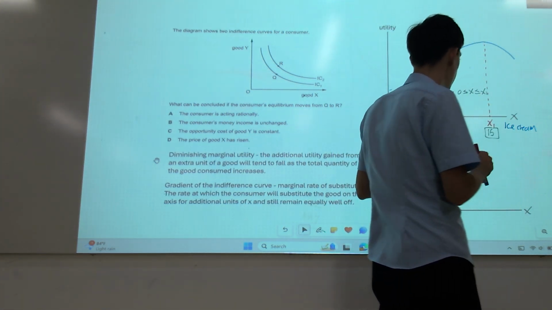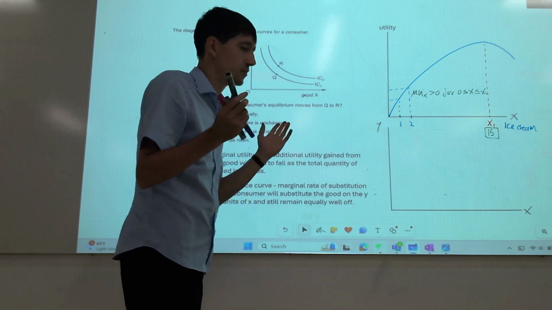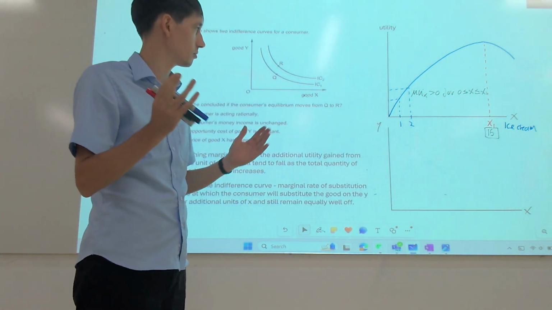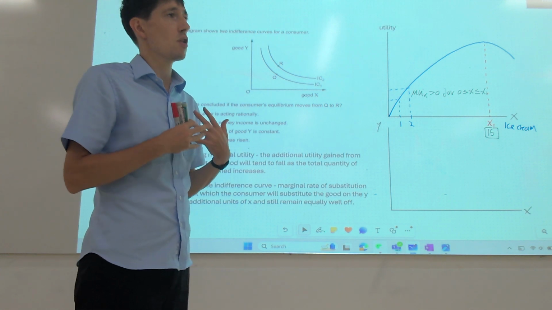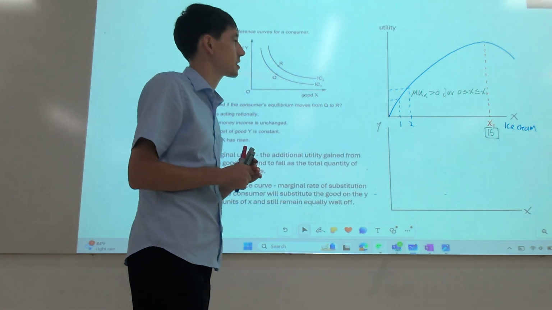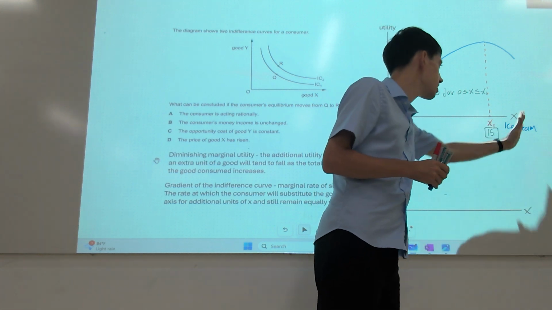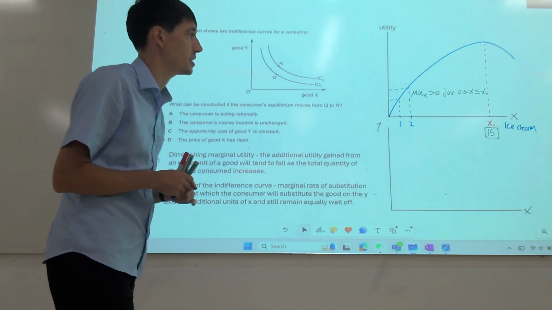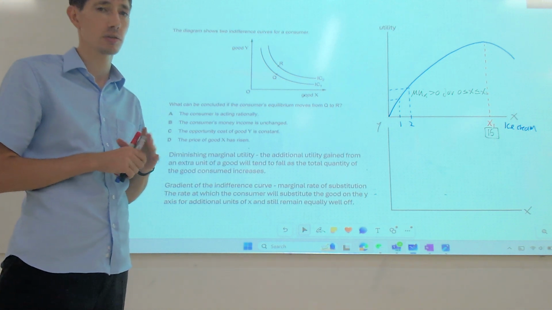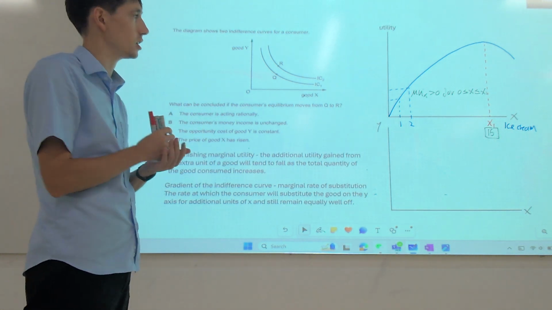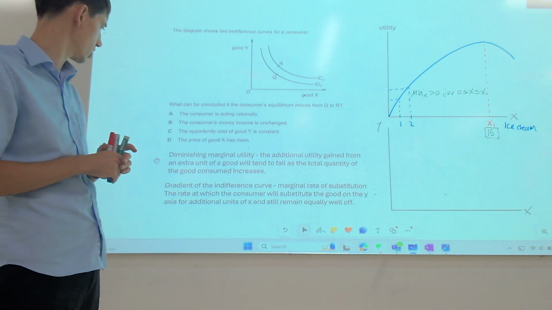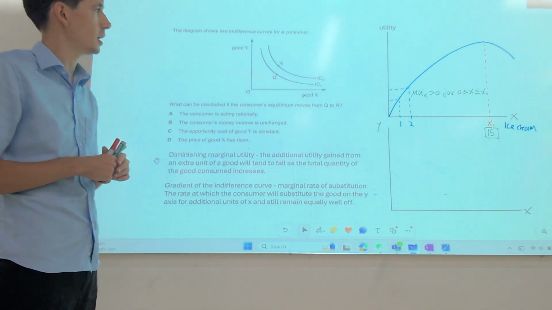If a consumer was to consume 15 ice creams in quick succession, they might become ill, they might start to really suffer as a result, and they might start to experience negative utility from any additional units of ice cream. So they would never be willing to consume an additional unit of ice cream beyond 15 units of ice cream. Okay? So this is the idea of diminishing marginal utility.